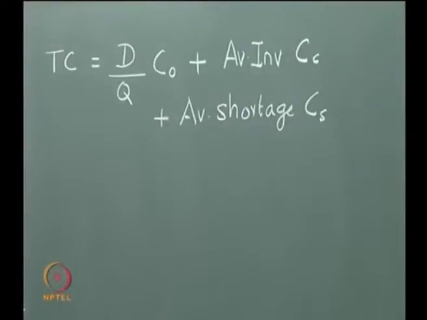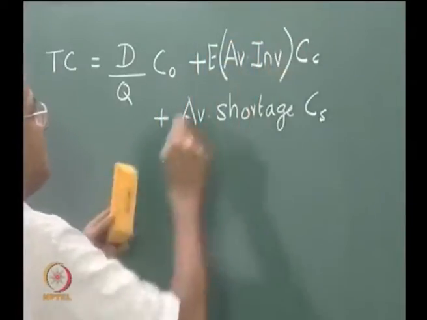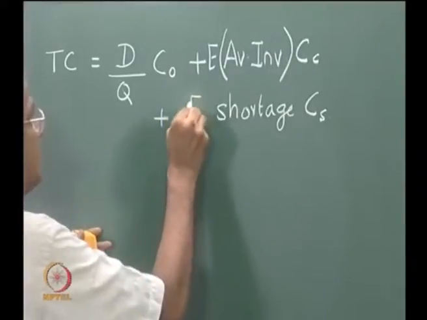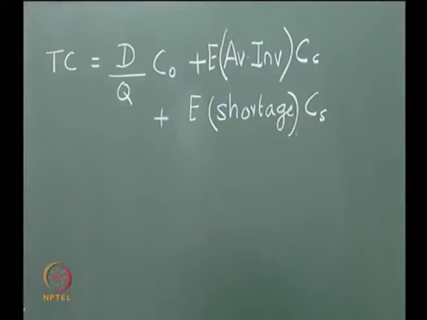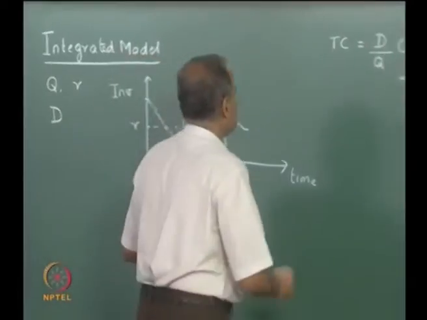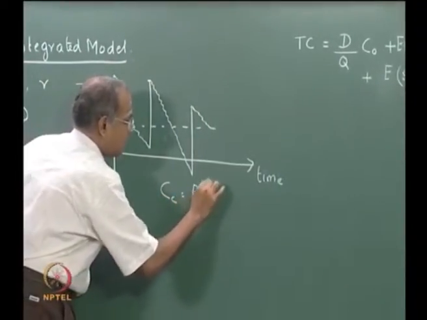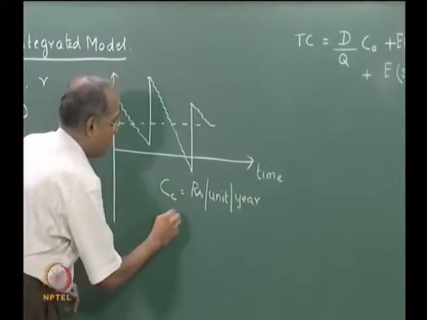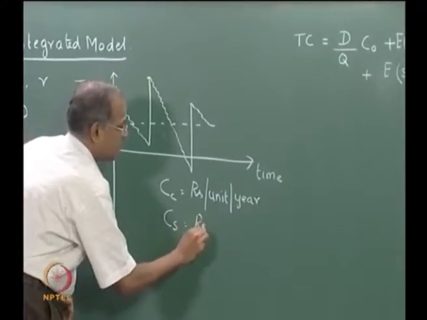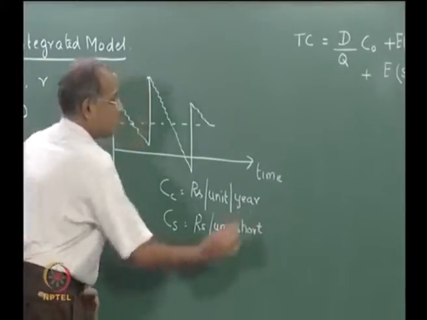Instead of saying average shortage, let us use expected ending inventory plus expected shortage into Cs. In this case we are going to define Cs as rupees per unit short. So Cc will be defined as rupees per unit per year, and Cs will be defined as rupees per unit short.